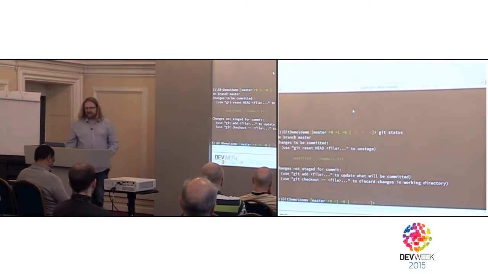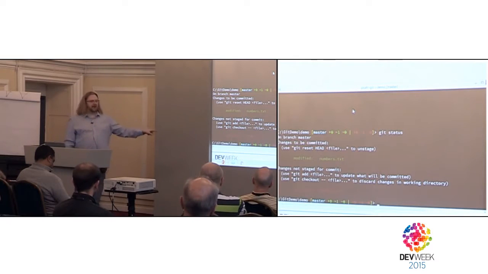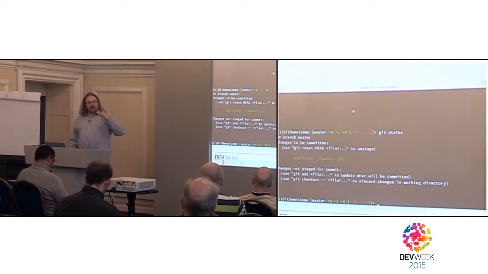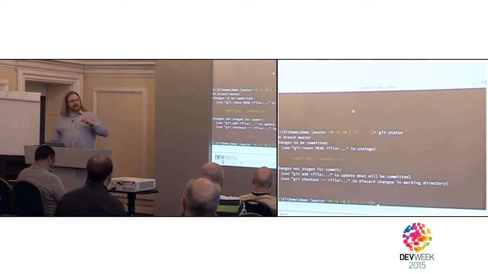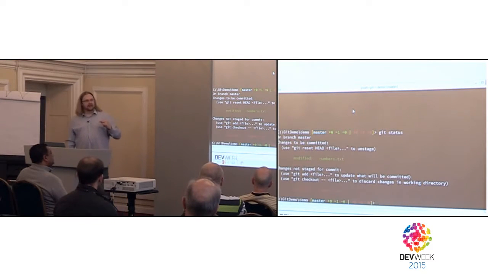So we've now got two things happening. We have the changes that we've got in our staging area, and we've also got changes in our working area. So every time you make a change to the file, you would need to re-add to have those changes reflect.